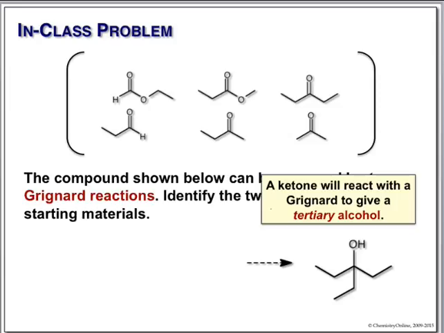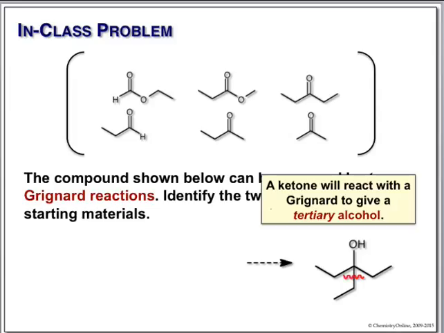Now, once again, you simply look at what's around your tertiary alcohol. You're going to split something off. You're going to wind up with a ketone half and a Grignard half. We have 3 identical groups here, so it makes it very easy. We'll just split off one of them.